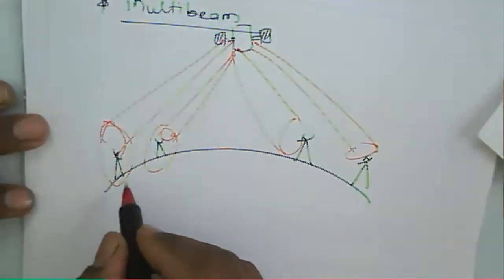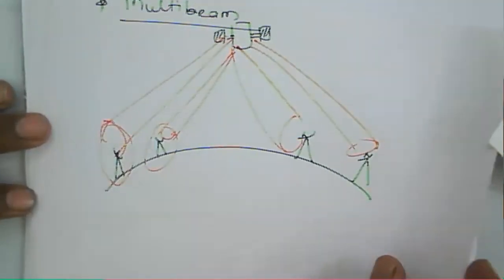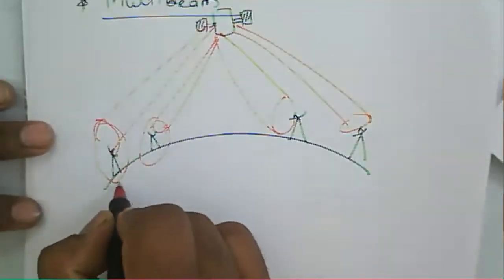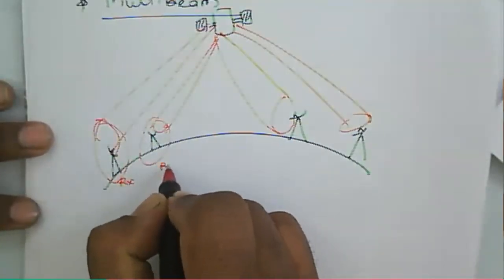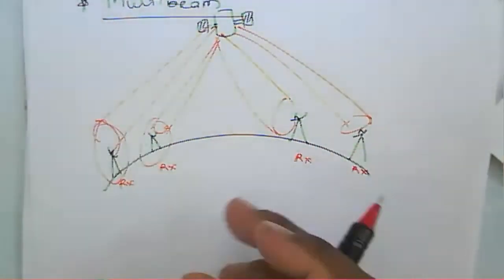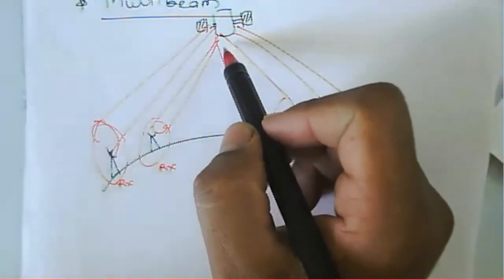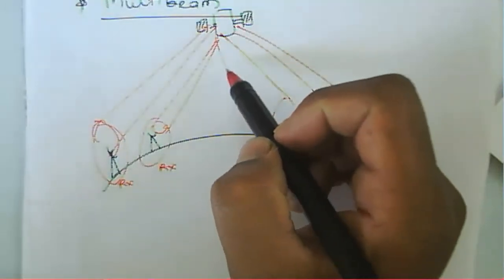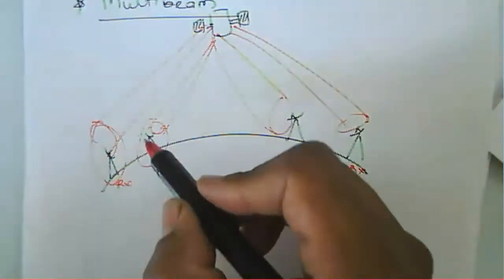So it means different receivers at the earth station. Here we can say there is an earth station, and there are multiple receivers at multiple places. So the antenna radiation will be multiple.